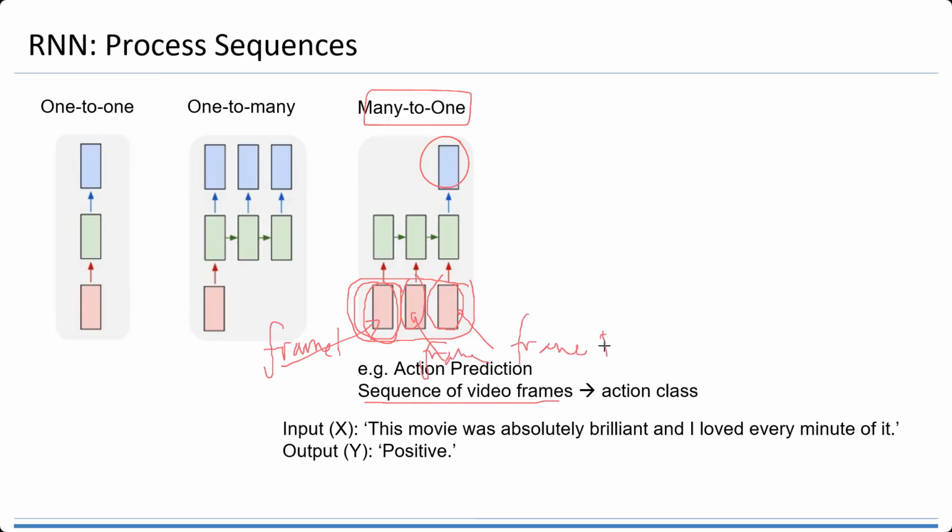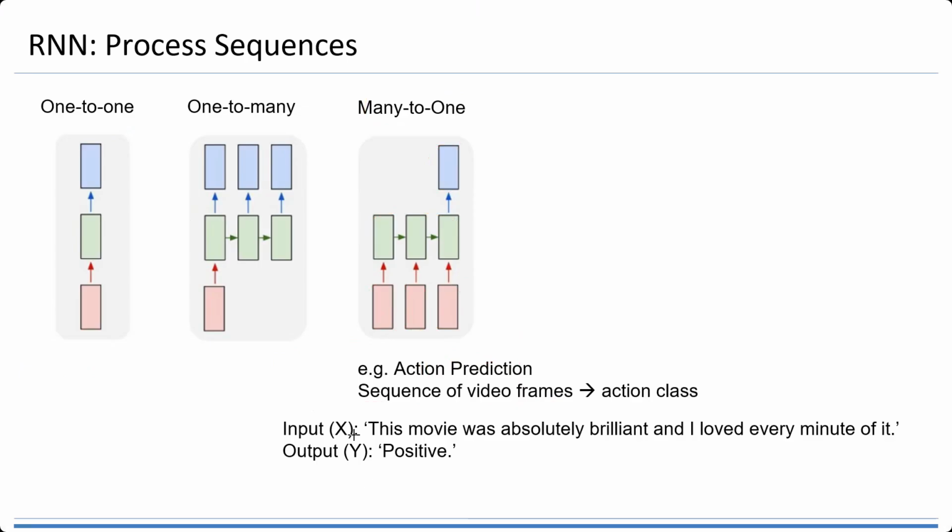From these frames, we do the modeling, and the model will predict whether it is an activity, a product, a view, an animal, etc. So the output will be only one.